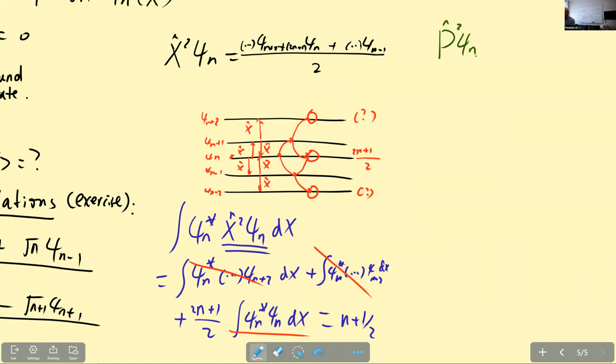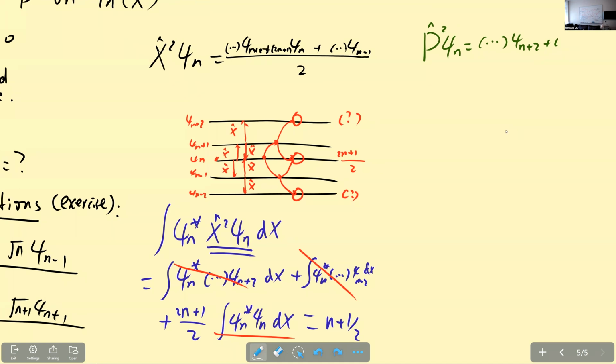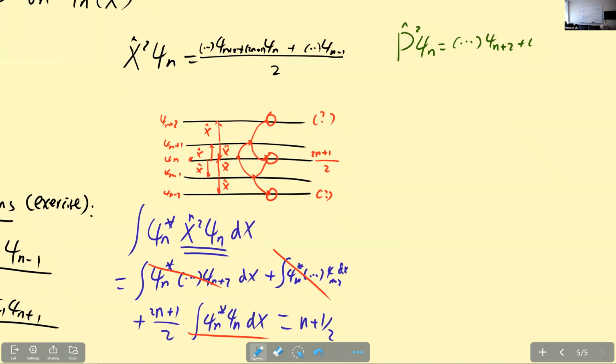The result is also something times m plus 2 plus something times m minus 2, and then there will be the important term, 2m plus 1 over 2 times m.